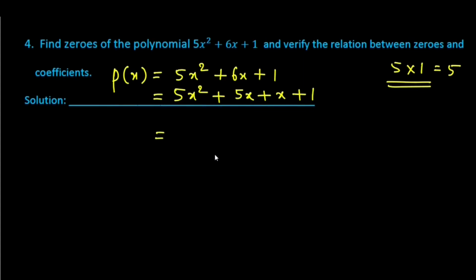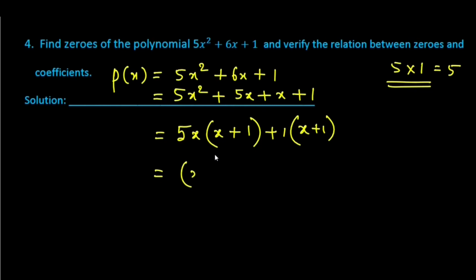We can take the common factor 5x out. 5x into x here and 1 here. Here also we have to obtain x plus 1 as a remaining factor, so we have to take the common factor 1 out. So 1 into x plus 1. This can be written as x plus 1 into 5x plus 1.